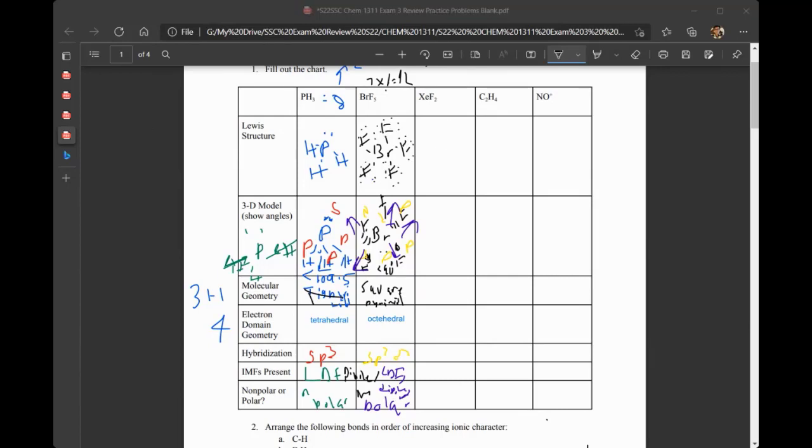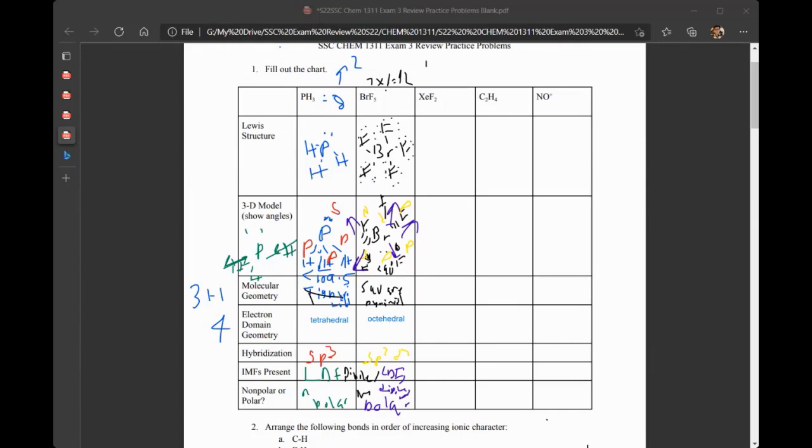If we count that on the periodic table, Xe has 8, and then we count the 14 from the two F's. So Xe and then F and F make the structure, and then we label the electrons as needed.